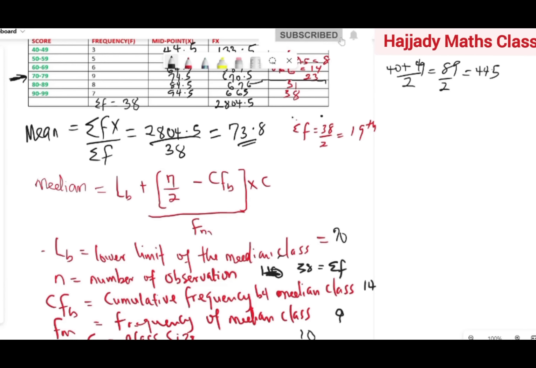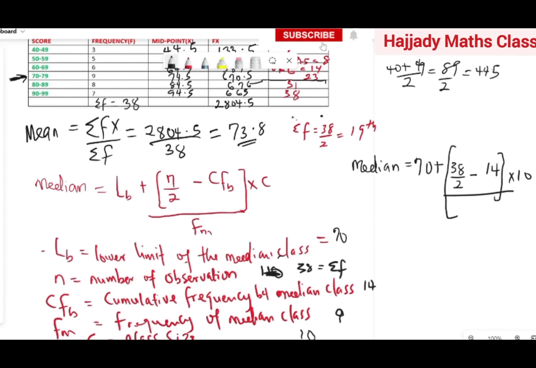So coming down here, we have that our median will now be equal our lower limit, which is 70. We can decide to use boundary if you like instead of using limit. Okay, in bracket n over 2, our n, which is the number of observation, which is 38 over 2, minus the cumulative frequency before the median class, which is 14, all over, okay, we have this closed, times our class limit, which is 10.